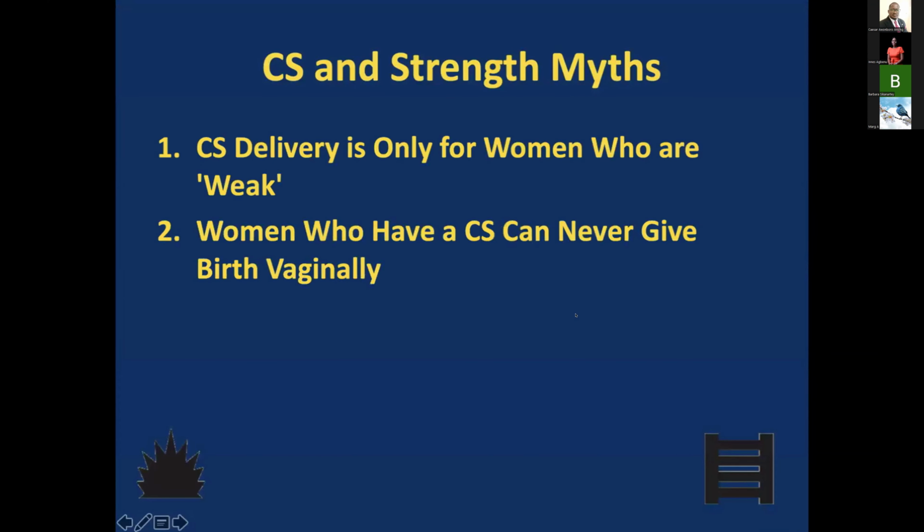And the first one is cesarean section is only for women who are weak, which from the indications I gave already, I tried to explain that it is a necessity, not because they are weak. If a pregnant woman is able to carry a very big baby, maybe 4 kg and beyond, how can you say such a woman is weaker than someone who is carrying a baby who is 2 kg and about to deliver through the vagina?